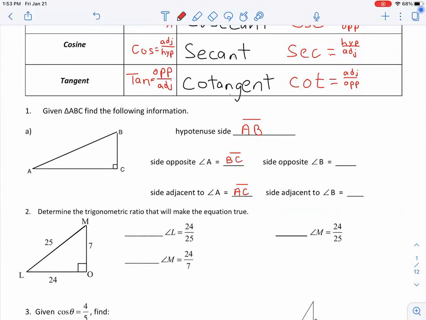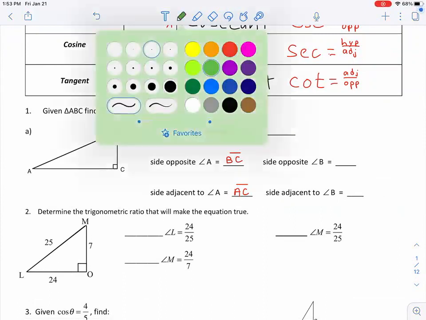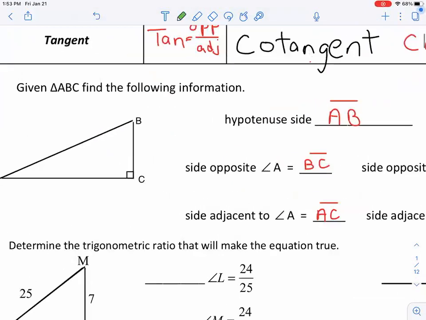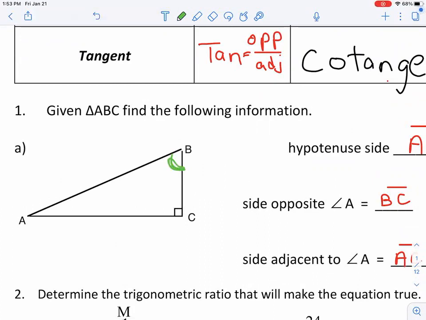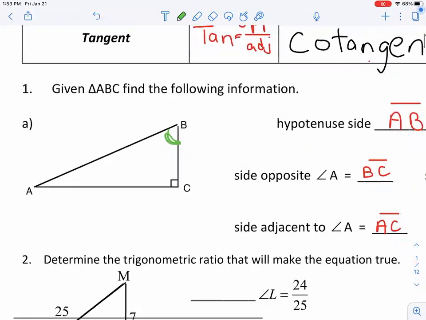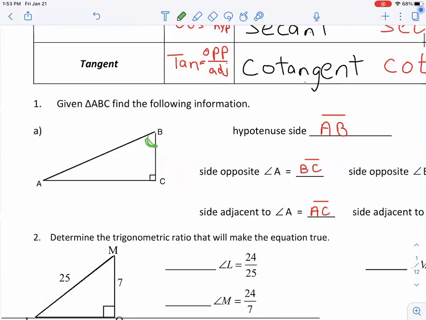All right, so let's focus now on angle B. So this angle right here. If that is our focus, we know that AB is our hypotenuse. The opposite would be AC. And since this is our hypotenuse, then the adjacent would be BC.